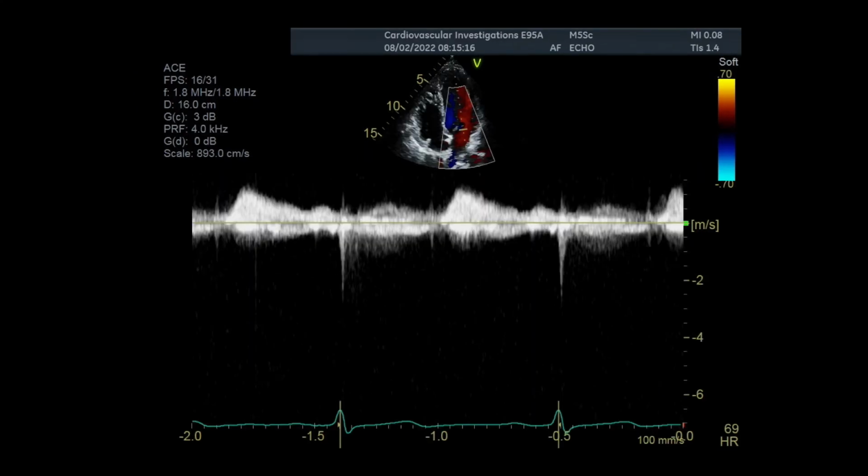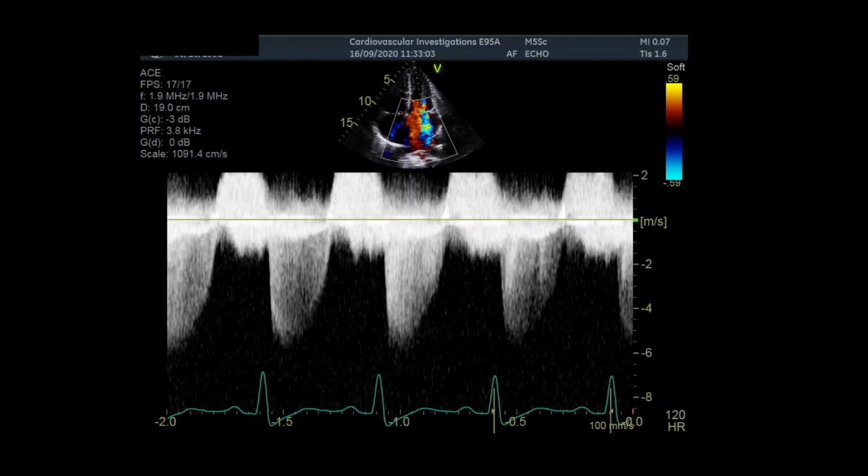But if you contrast that to the image before, which is normal, in this one you can see that there's definitely flow away from the probe, represented as below the baseline in systole, which would be consistent with MR, and the impression of increased velocity through the mitral valve during ventricular filling, which is the spectral display that you see above the baseline.